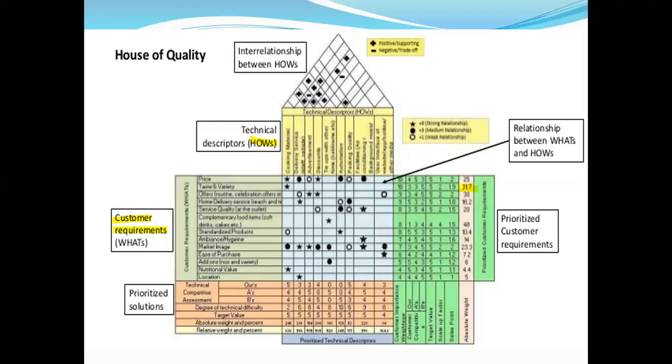We can see the numbers here, and those which have a high value mean those customer requirements have a high importance rate compared to the others. And from here, we can also see the average importance of the how. So we can choose which of the hows, the technical descriptions, we are going to focus on. So this is the relationship that drives the calculation of the importance of the what and also the importance of the how.